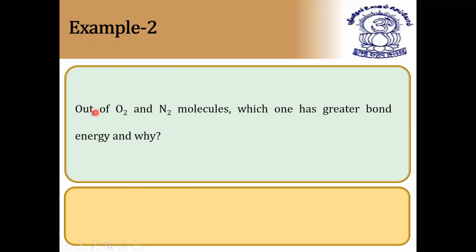Next, example two. Out of oxygen molecules and nitrogen molecules, which one has greater bond energy? As I already told you, as the number of bonds between two similar atoms increases, bond energy also increases.